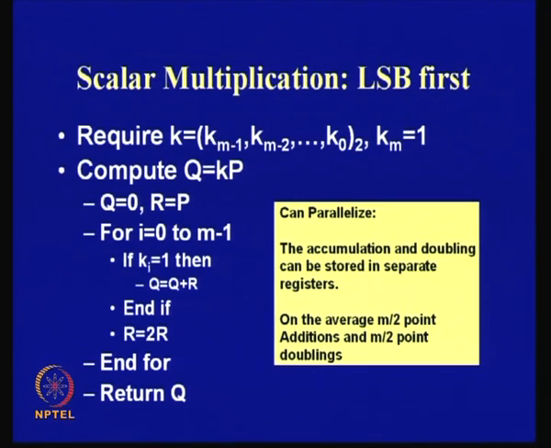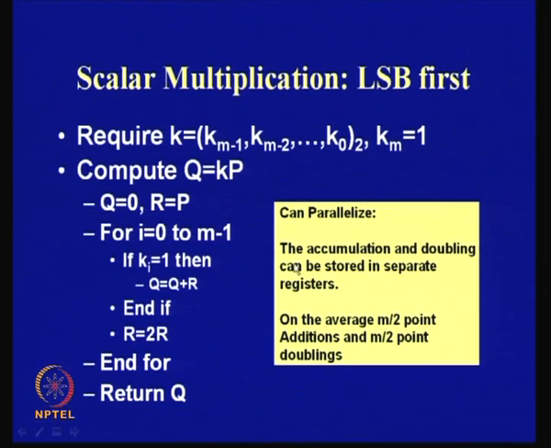So you can parallelize these two operations and do the accumulation and the doubling in two different registers simultaneously. You can do Q equals Q plus R, and in the other register do R equals 2 into R, and you can repeat this for all these values.